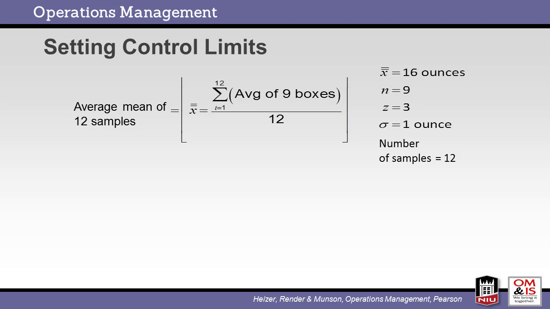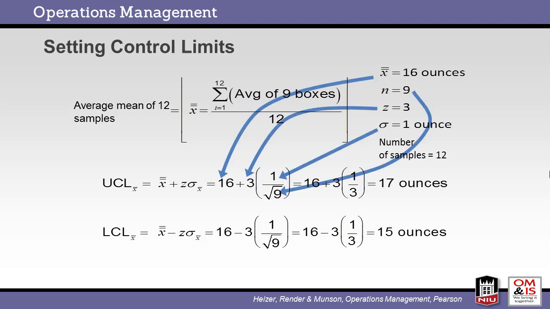The total is 192. Dividing 192 by 12, we get that X bar equals 16. Given the data, we substitute the values into the equation for the control limits. The upper control limit is 17 ounces, while the lower control limit is 15 ounces.